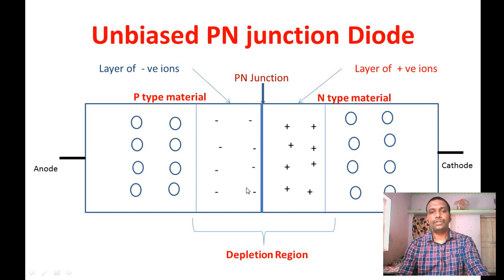Because the depletion region is present between the p-type material and n-type material, electrons or holes do not cross the junction. This depletion region acts as a barrier to conduction, so in the unbiased condition the PN junction diode acts as an off switch, and conduction does not happen.